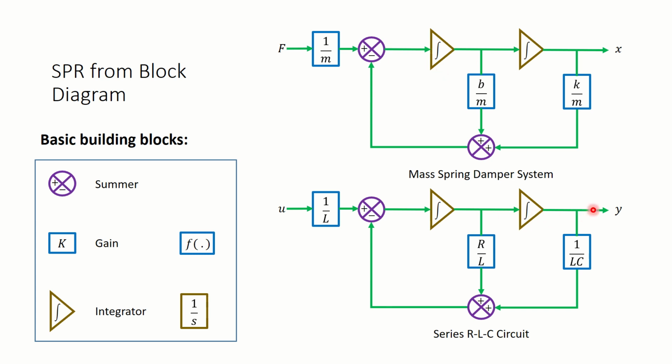So here also this 1 by c is missing, so please put that 1 by c block before y, and choose the outputs of these integrators as x1 and x2. One thing you can try: make this output x1 and this output x2. That would not make any difference. It would simply change the order of the equations.